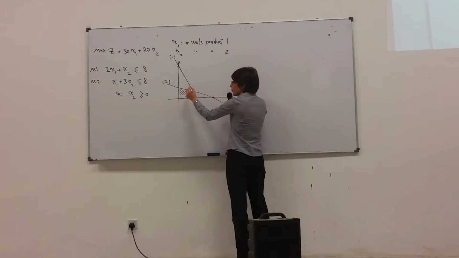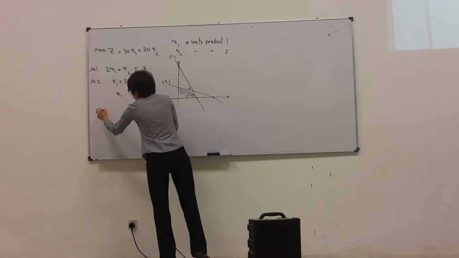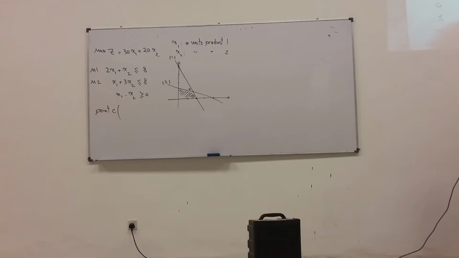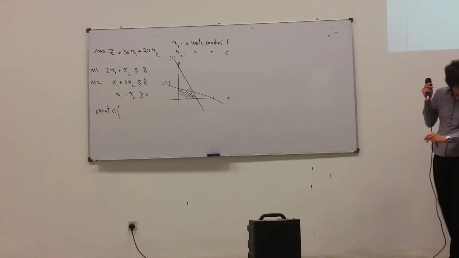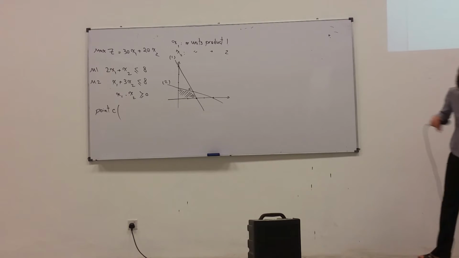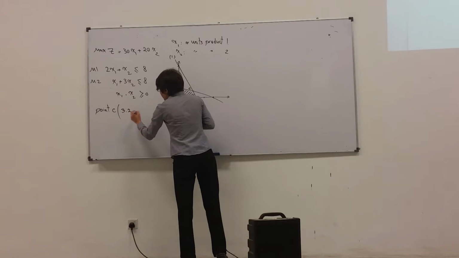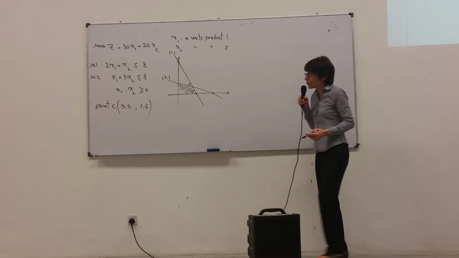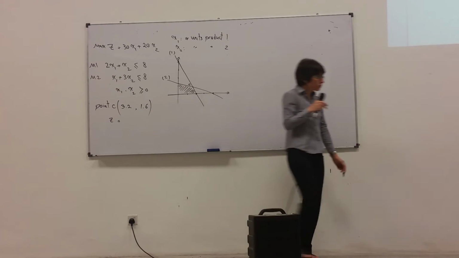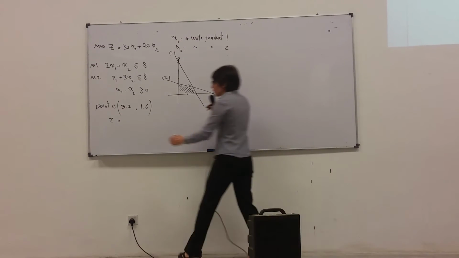Point C is the optimal solution. So the value for x1 is 3.2, for x2 is 1.6, and the value for z is 128.